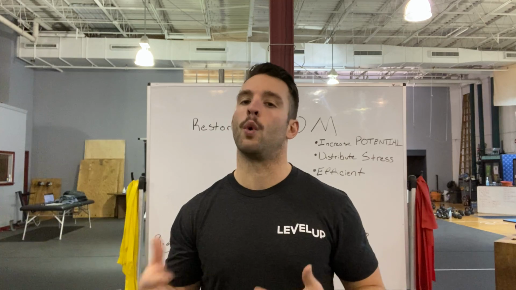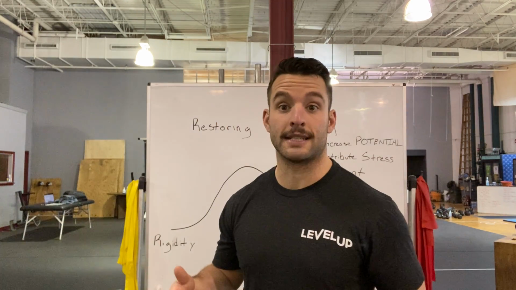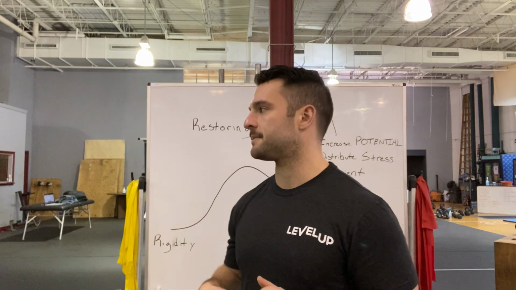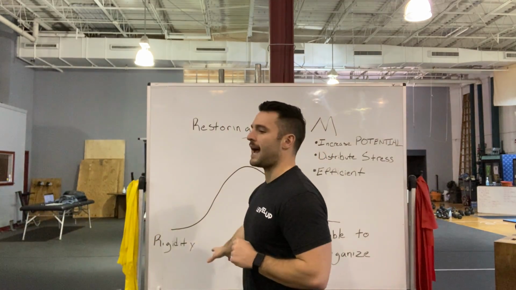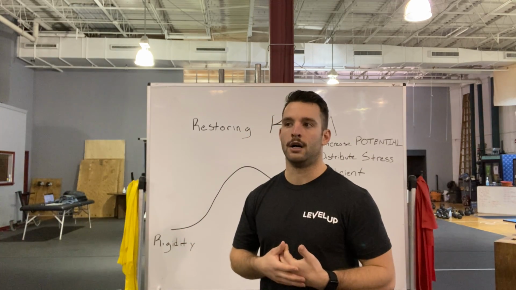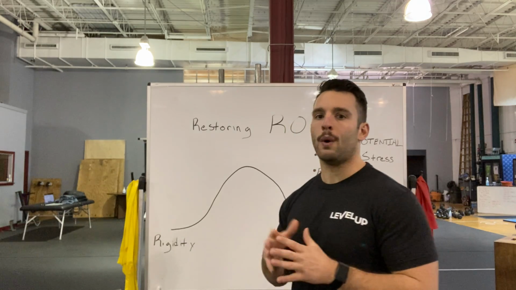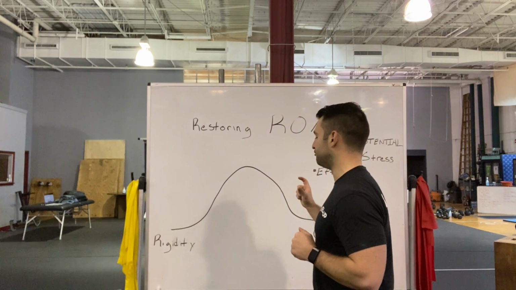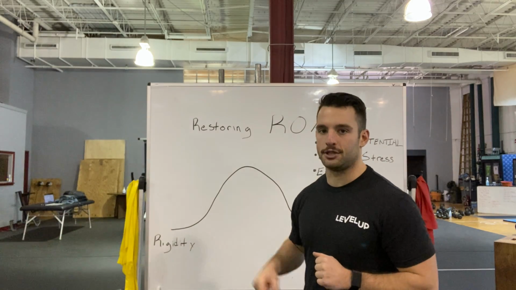The body is amazing in that it's going to self-organize based off the constraints that it has, and those constraints can include our actual joint range of motion or patterns. So there's going to be a time where we have limited options, meaning we're more in the spectrum of a rigid system where we don't have a lot of options to choose from. So we don't have a lot of movement solutions to get the job done.